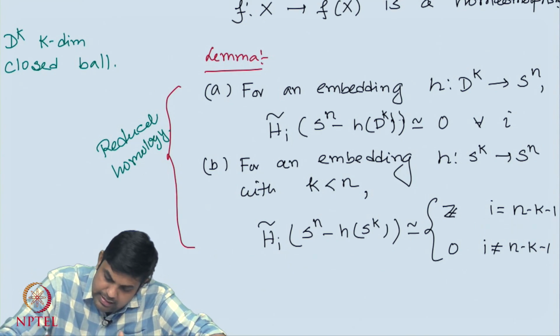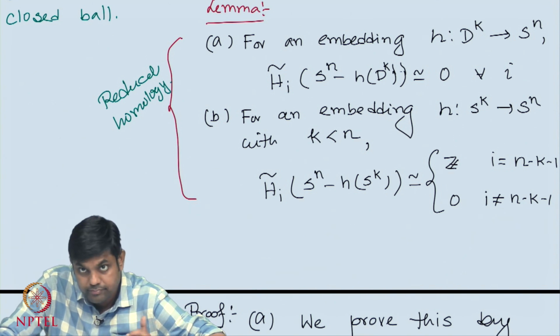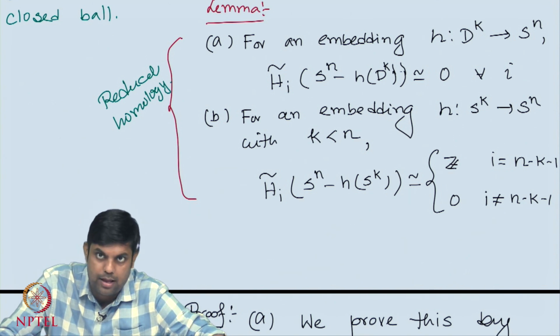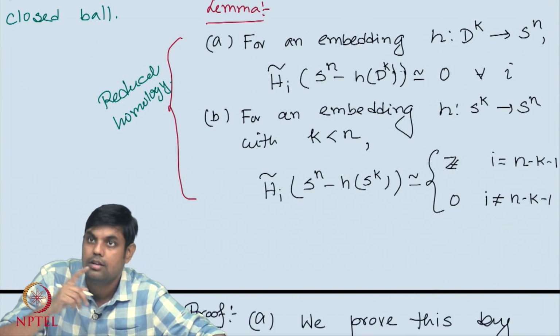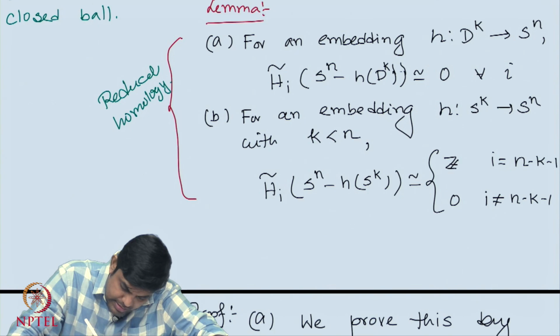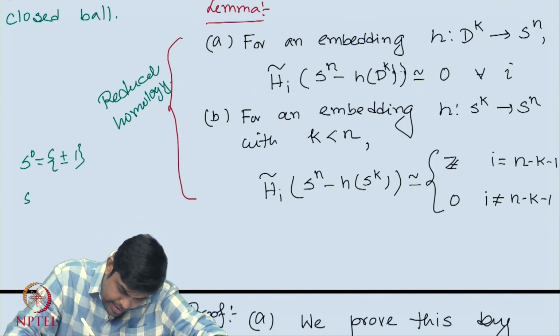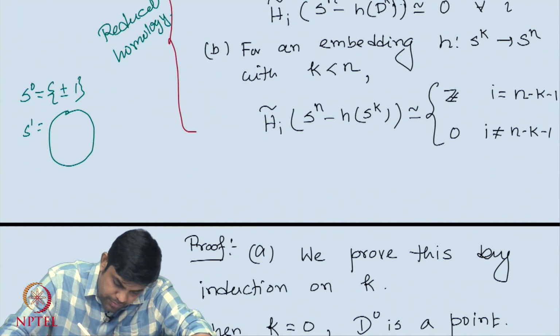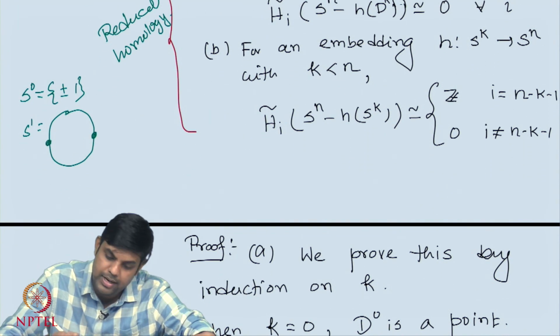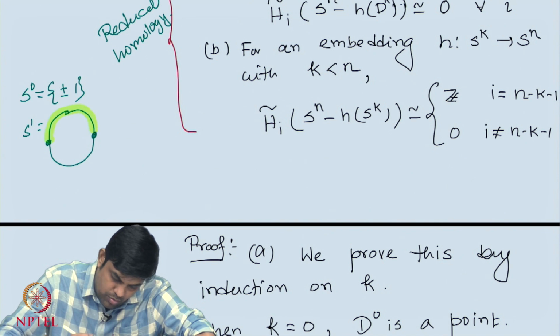Let us say I have S1, the circle, and S0, which is just plus minus 1, so k equals 0. If we remove plus minus 1 from the circle, the complement consists of two arcs, one and one.